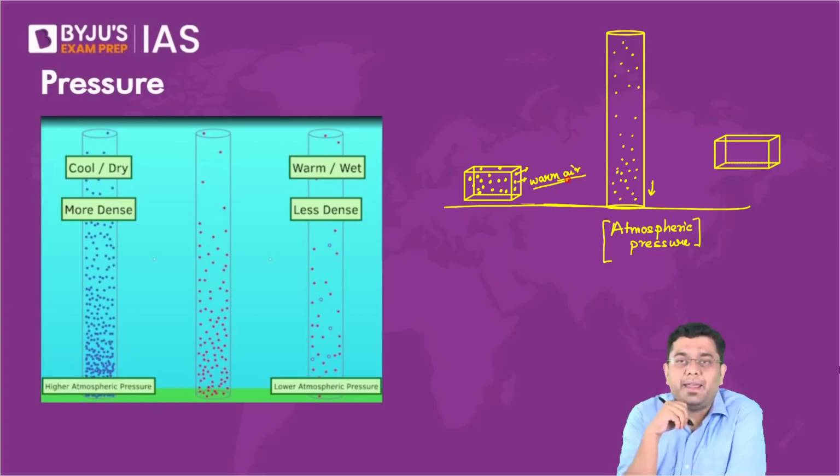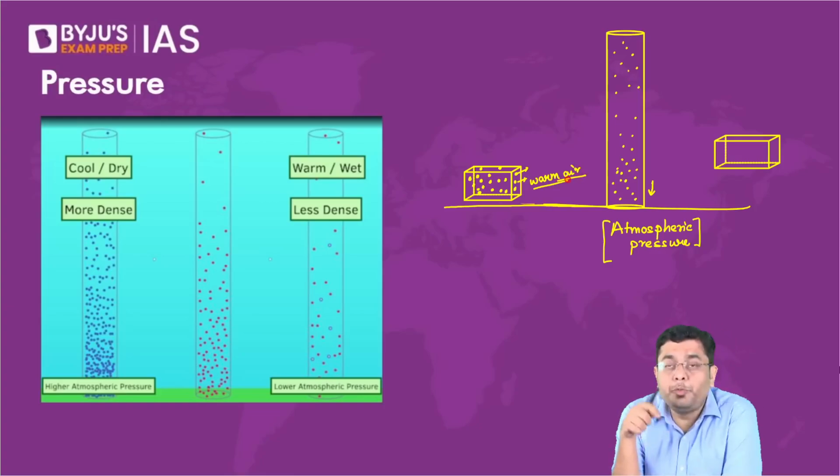So can I say that the molecules will gain a lot of energy, the molecules will escape the system, and the air sample in general will get lighter? And when the air sample gets lighter, what will happen? Anything which is light will rise up.